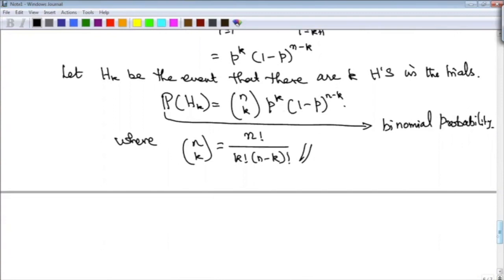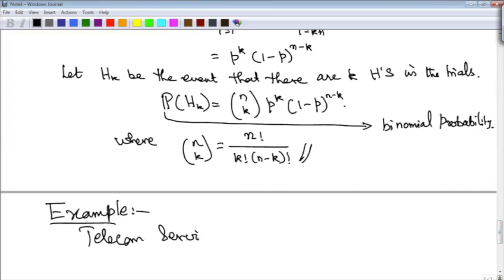So next is an example. A telecom service provider.